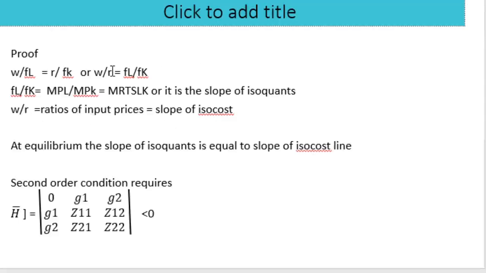Therefore, the equilibrium of the cost minimization condition for the producer is given as the marginal product of labor by marginal product of capital equal to W by R, or where the slope of isoquant equals the slope of isocost line. And at the equilibrium, the second order condition requires that, since it is the minimization condition, the determinant of the bordered Hessian matrix must be less than 0. This is the second order condition.